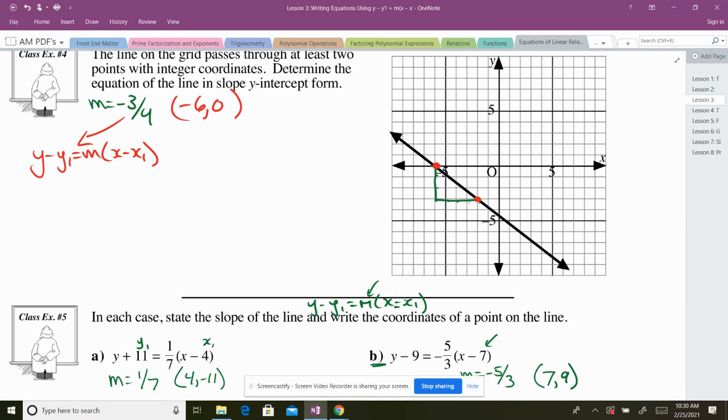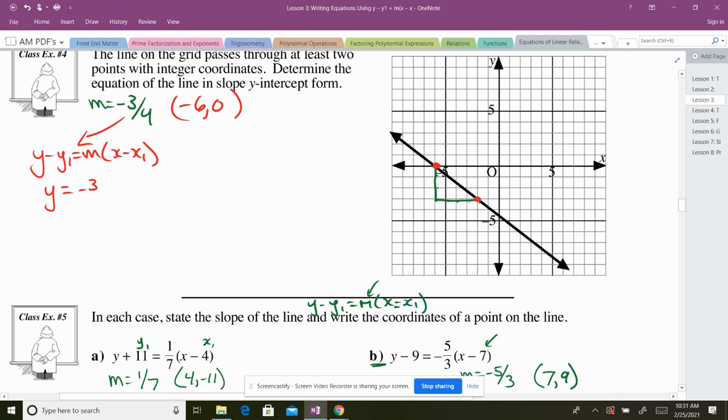You got to do some math first. But you can use any point that's on the line as long as you know that point, right? So I plug in my x and my y's. My y1 is 0, so I just get y minus 0, which is just y. Does everybody agree with that?